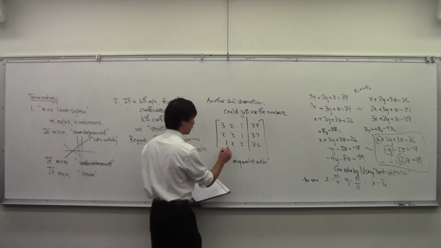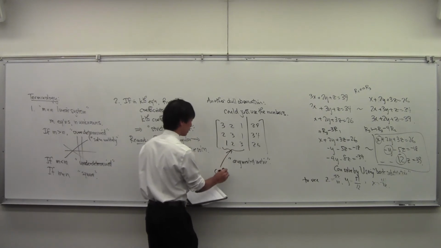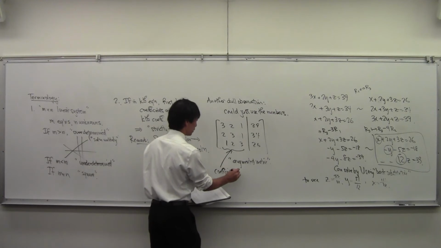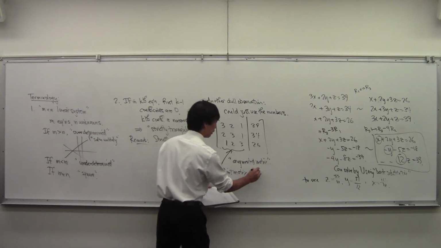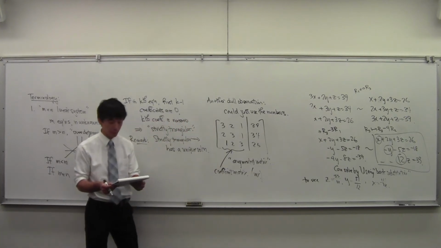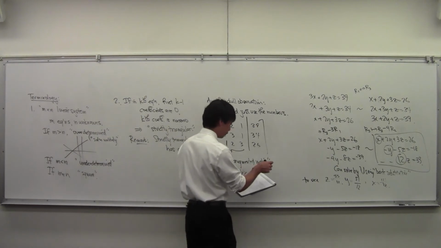Okay, this part here is called the coefficient matrix. And I should say that I'm always going to abbreviate matrix as MX. Okay, so augmented matrix for your linear system.